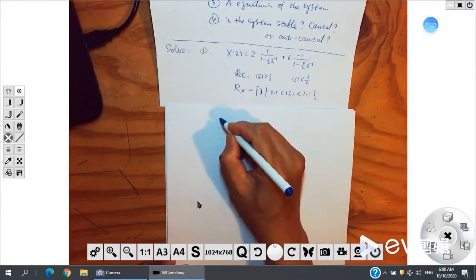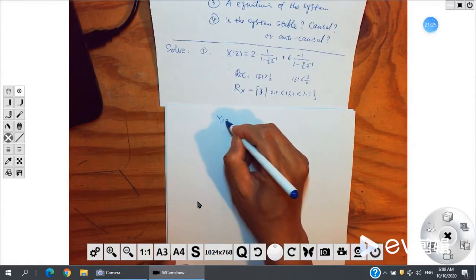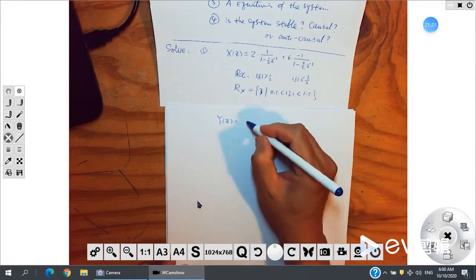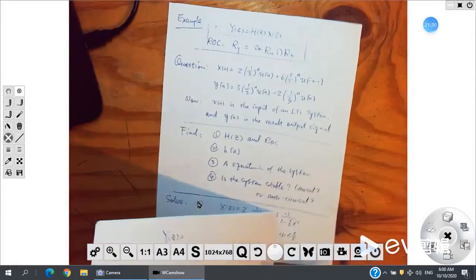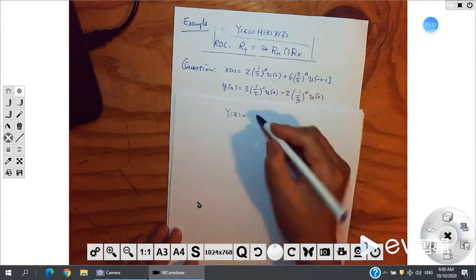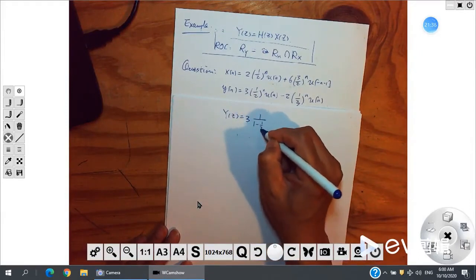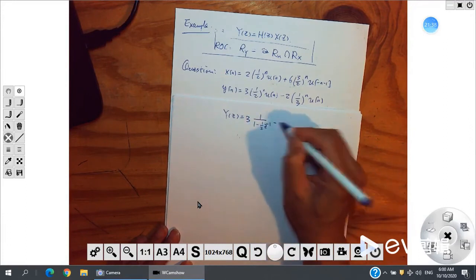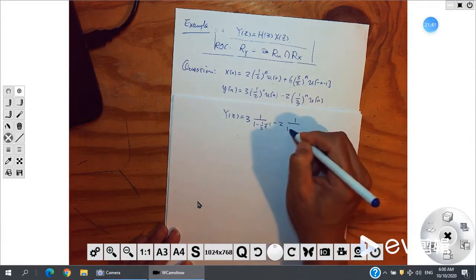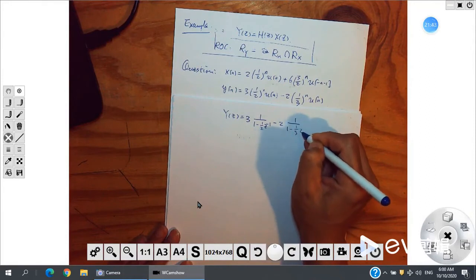Then second we check Y. Y will be 3 times 1 over 1 minus half z to negative 1, and minus half times 1 over 1 minus 1/3 z to negative 1.